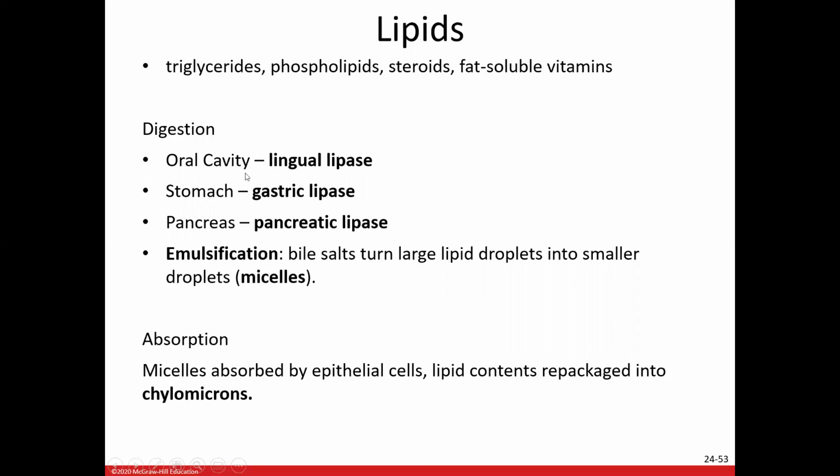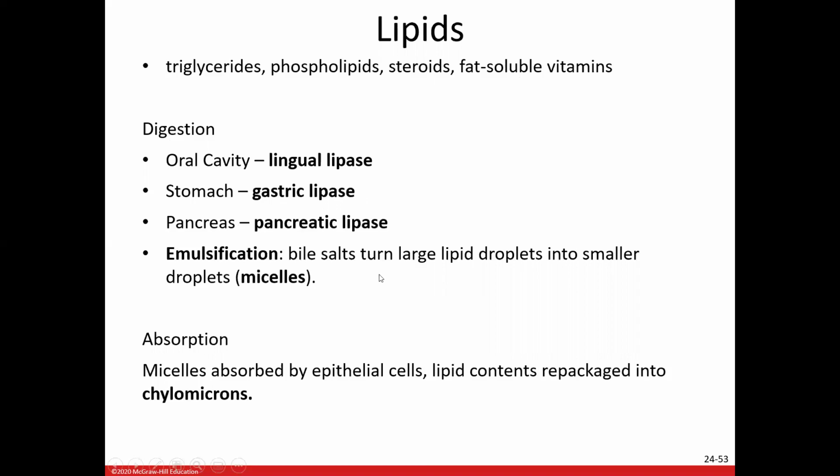In the oral cavity, we have a special enzyme called your lingual lipase. In the stomach, we have your gastric lipase. In the pancreas, the pancreatic secretion is your pancreatic lipase. So they always end in lipase, letting you know that those break down lipids.